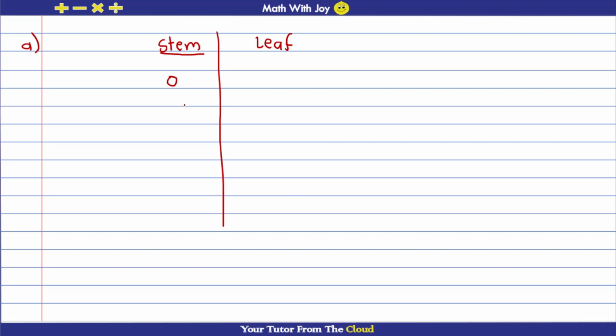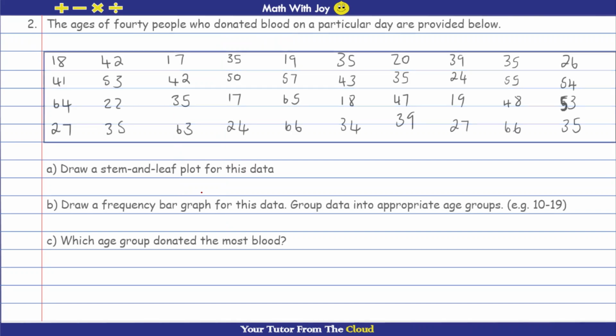Now 0 is going to represent all the numbers 0 till 9, and then 1 is going to represent all the numbers from 10 to 19, and then 2, 3, 4, 5, 6, and so forth. So let's see where we're going to end up.